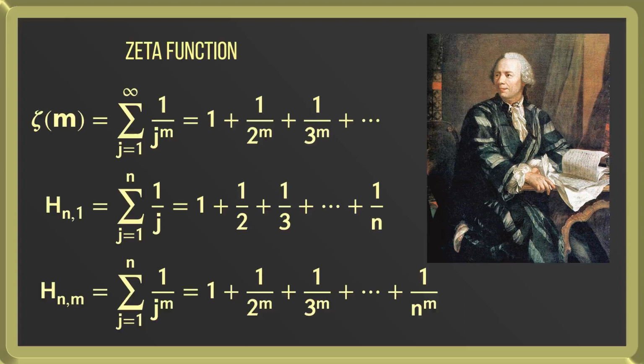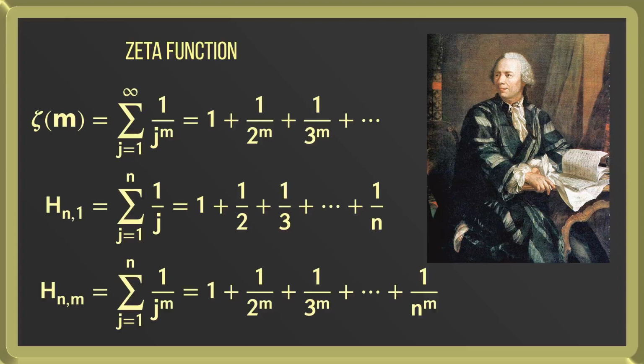These series go by the name zeta. He obtained the formula zeta of 2 equal to pi squared divided by 6, solving the Basel problem, as well as formulas for all even zeta values.